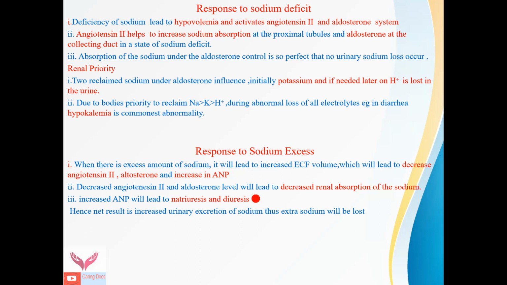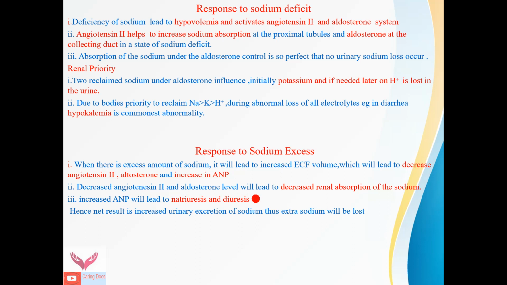And also in cases of diarrhea, where the body's priority is to reclaim sodium more than potassium or hydrogen ion, again there is loss of electrolytes in the diarrhea stool. So potassium is lost there, and the patient can have hypokalemia in such situations.